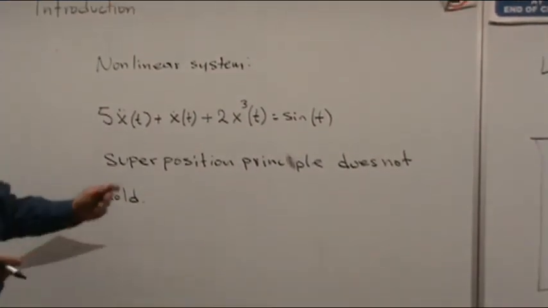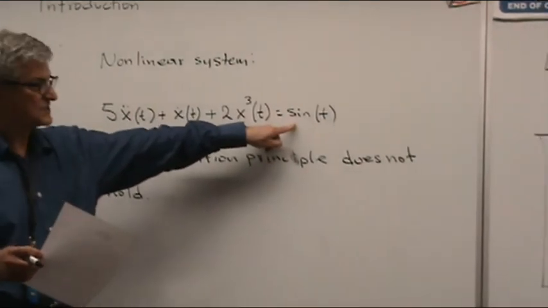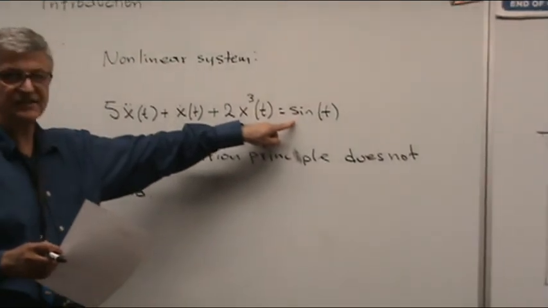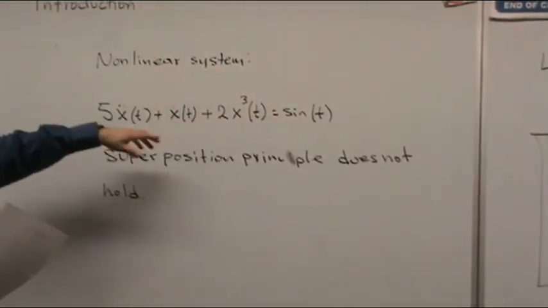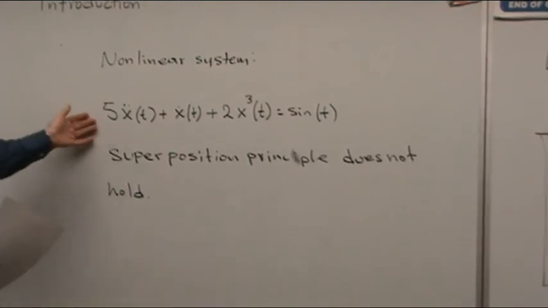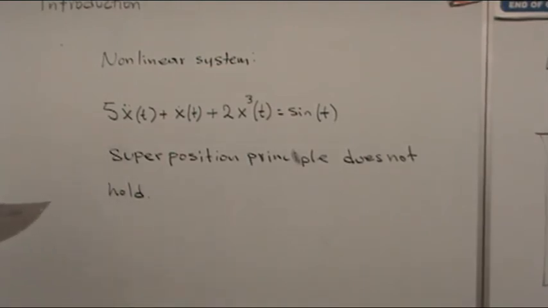Which means that if you find the response to sine of t, and you have to find the response to 2 sine of t, you cannot just double the response to sine of t. You have to solve the equation again from the beginning. Okay?